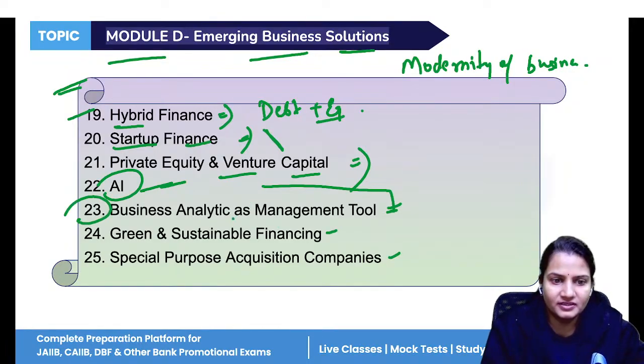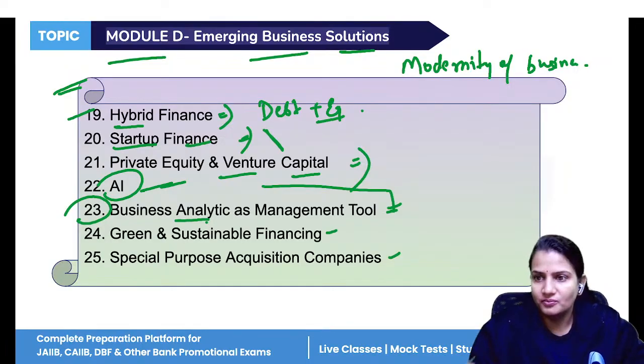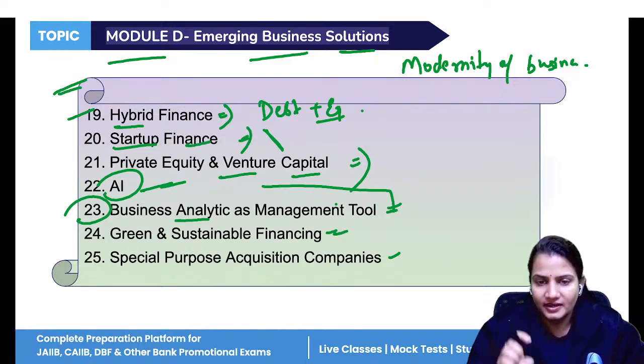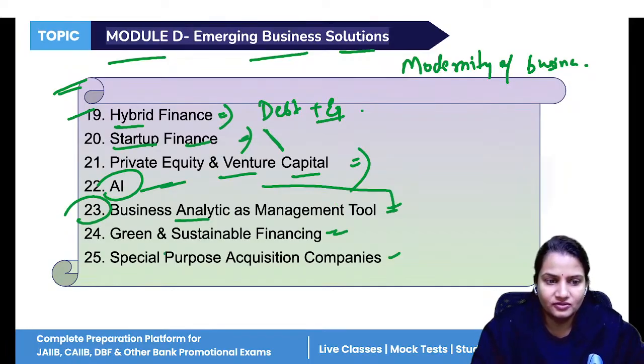Unit number 23 is how to take informed decisions in your business with the help of data analytics. If we are making investments, we have to be very clear in our mind that those investments should not impact our environment. That is green and sustainable financing. And last is SPAC.